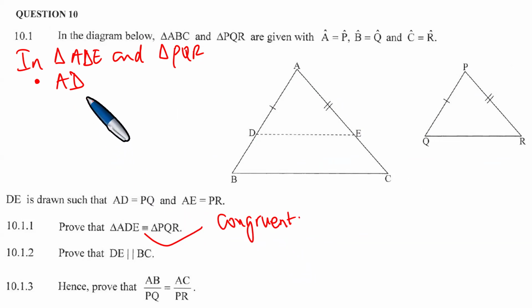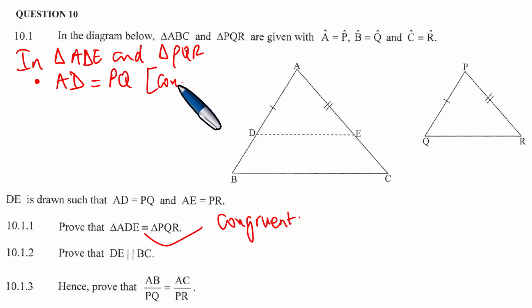Let's see what we can get. We know that AD is equal to PQ. We must just identify some equal sides and angles. AD is equal to PQ.